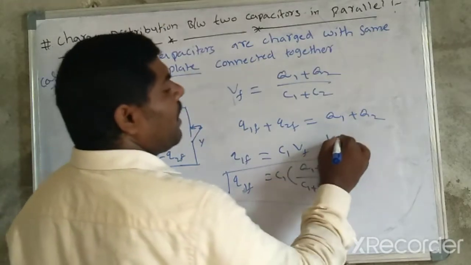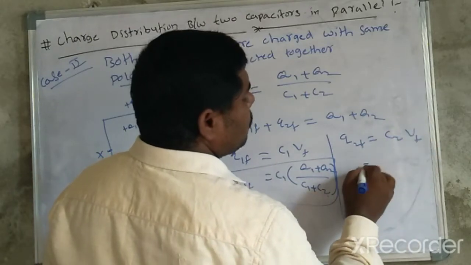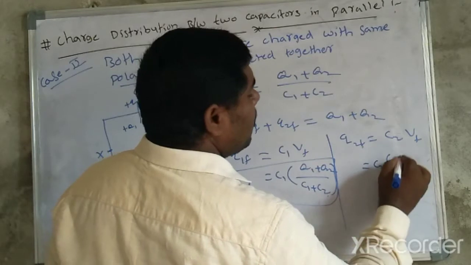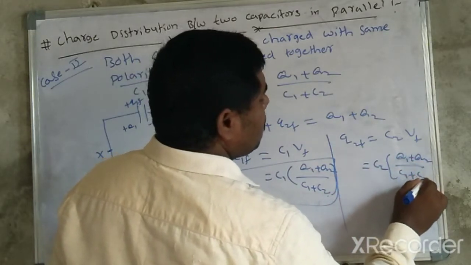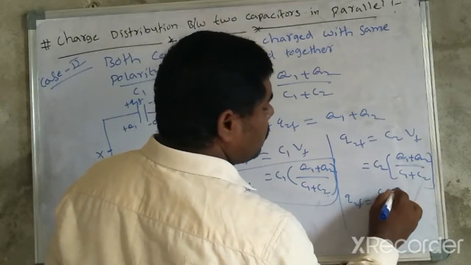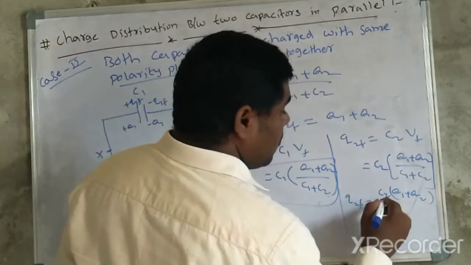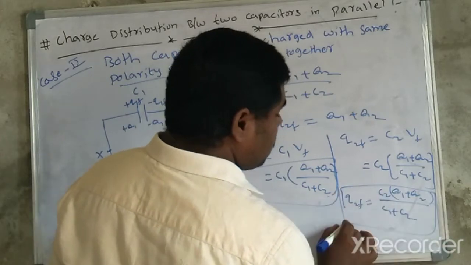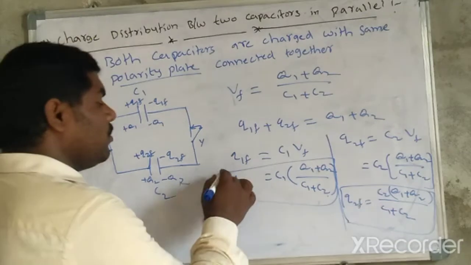Similarly, Q2 final is equal to C2 into V final, with V final being Q1 plus Q2 divided by C1 plus C2. So Q2 final is equal to C2 into Q1 plus Q2 divided by C1 plus C2. This is the Q2 final value, and this one is the Q1 final.